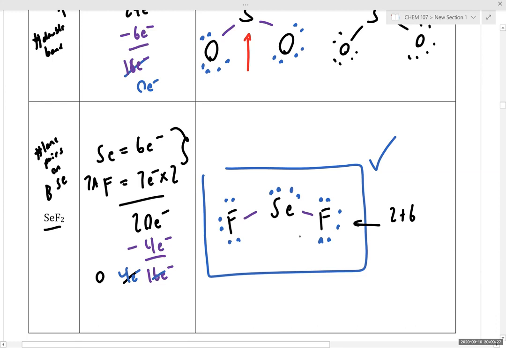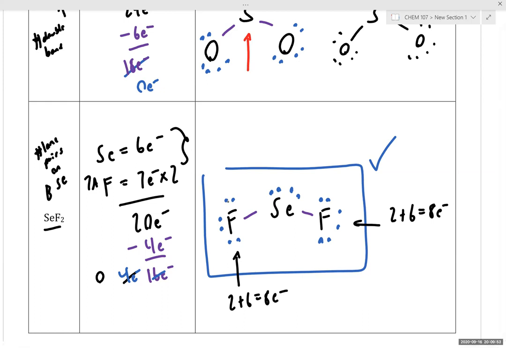And remember to count each atom individually. So focus on the fluorine on the right-hand side, count individually, and the fluorine on the left-hand side has 2 plus 6 or 8 electrons total surrounding it. Does that answer your question? Not really, but let me look over my notes.